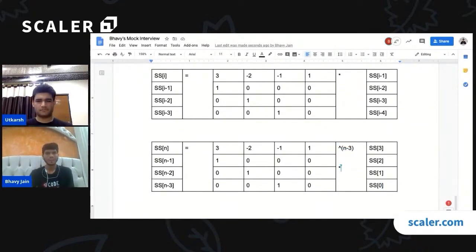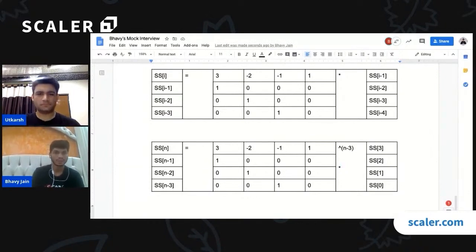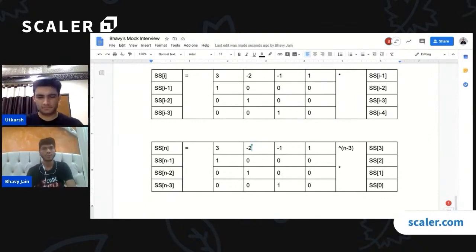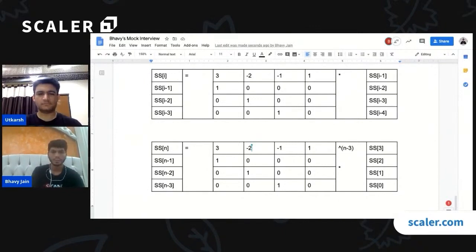So again, we can do a similar thing like we did here. We'll call power, but now the global matrix A should be this matrix: 3, minus 2, minus 1, 1. Since we are calculating it modulo the given number mod, whenever we multiply two matrices, we will do it modulo mod.